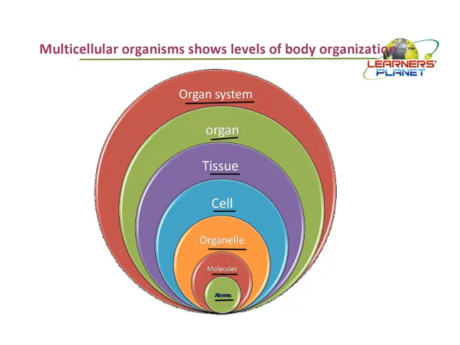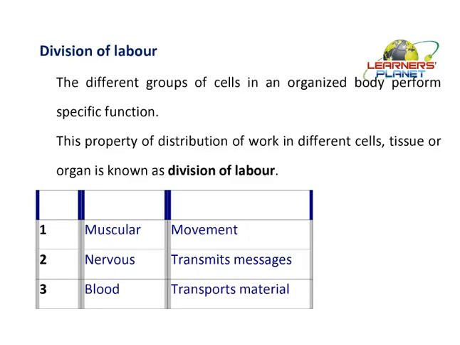We are continuously saying that these parts are coordinating with each other so as to perform their function. So basically this property is known as division of labor. Division of labor is a property of distribution of work in different cells or tissues or organs.